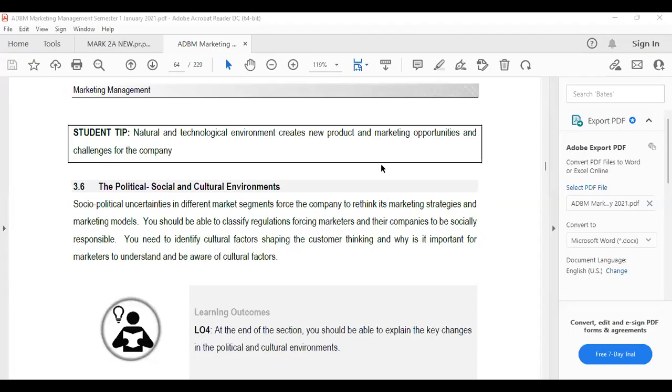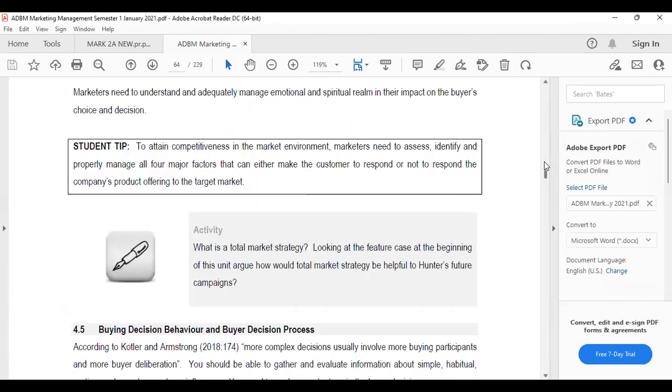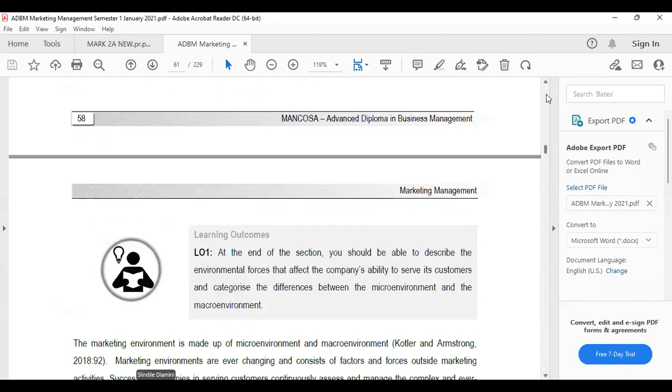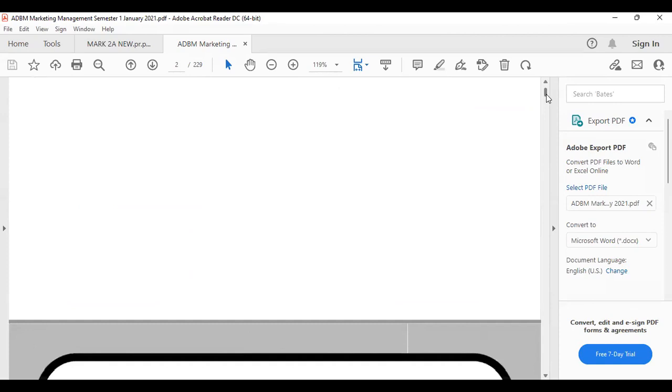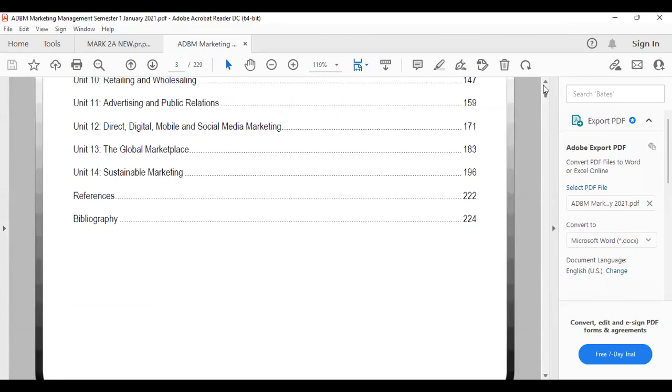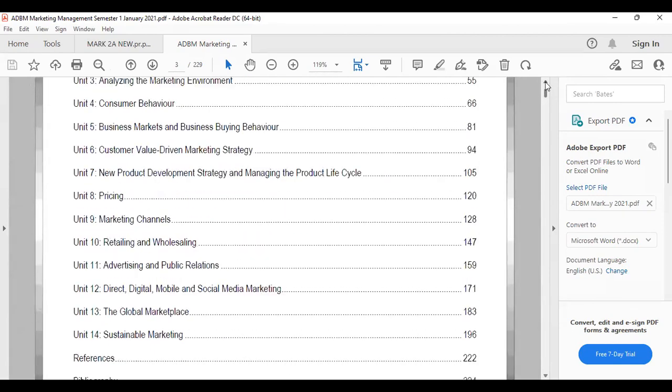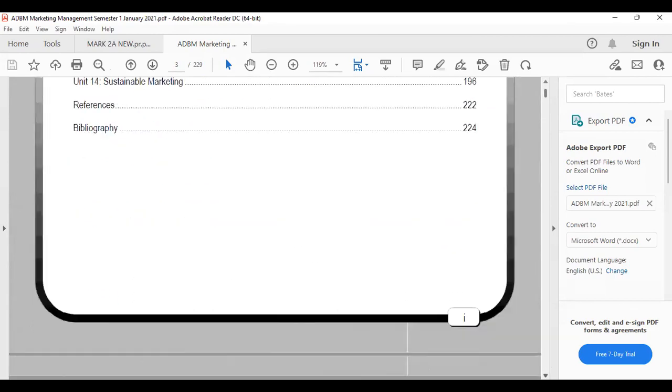Now, this is basically our study guide, and we are looking at the product life cycle. I'm trying to find the product. I think it's unit... Okay, unit 7, page 105.